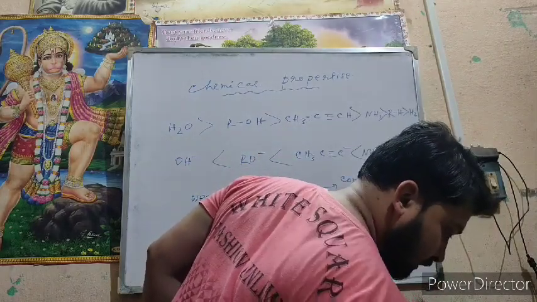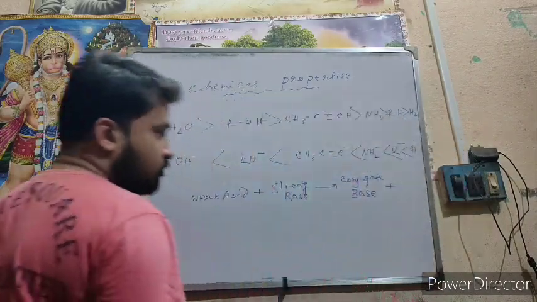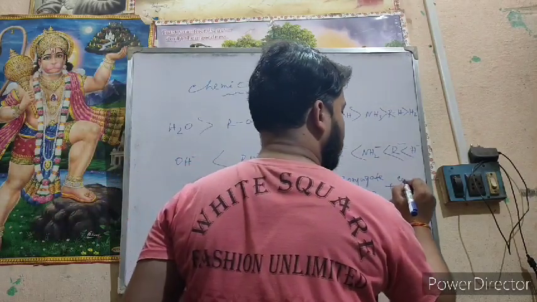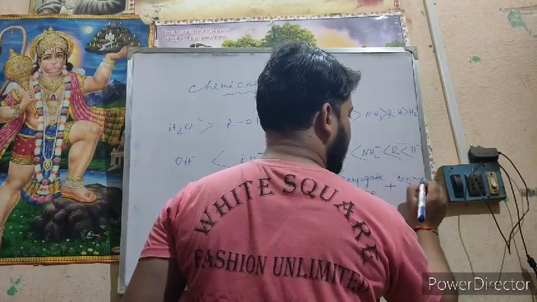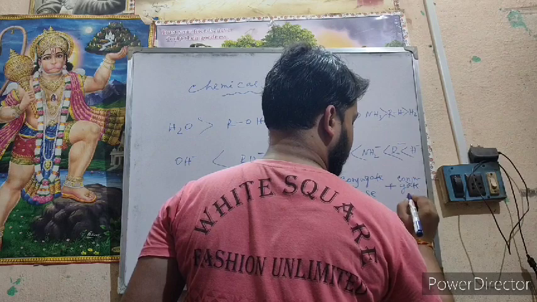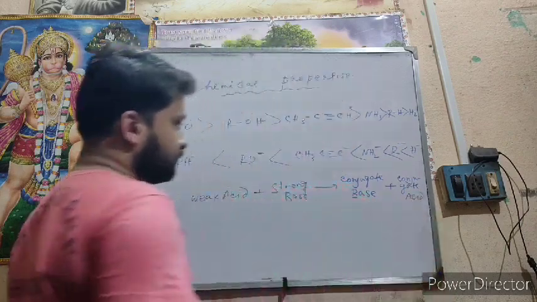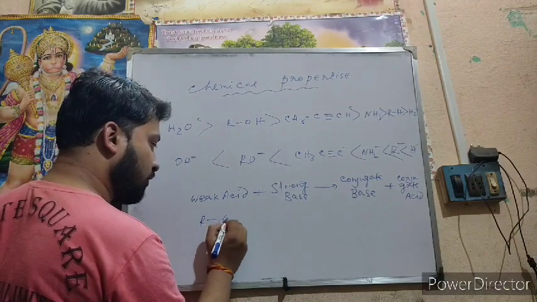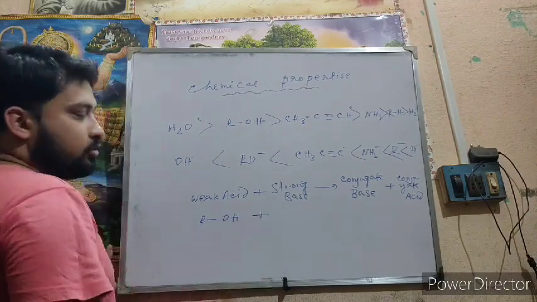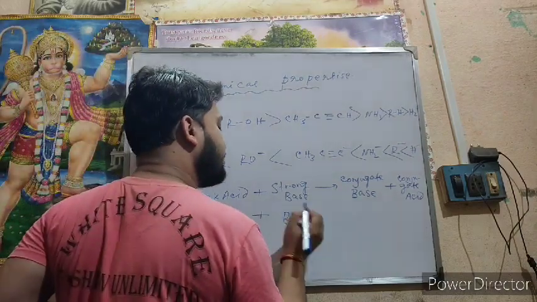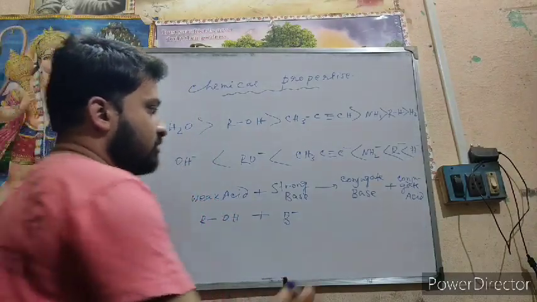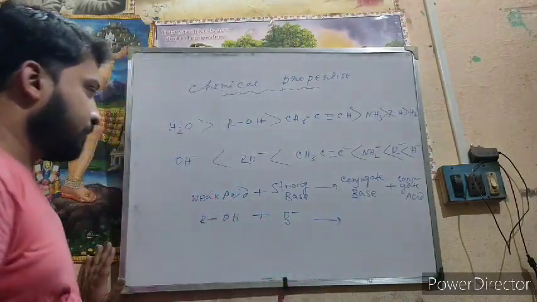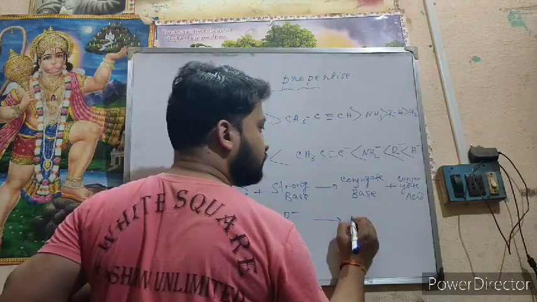Okay, let's see what happened. You take a weak acid as ROH, and you also take a base, that is B minus. So the conjugate base is RO minus, and the conjugate acid is BH.